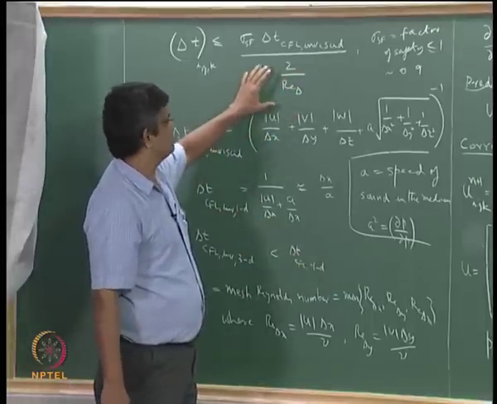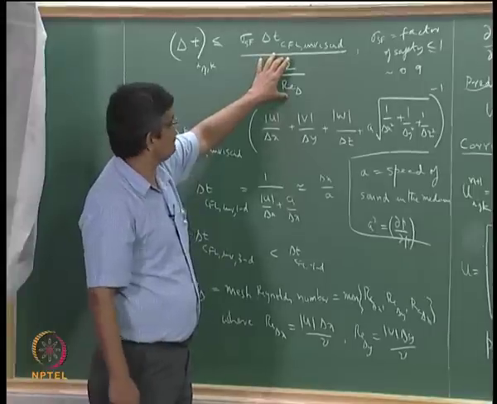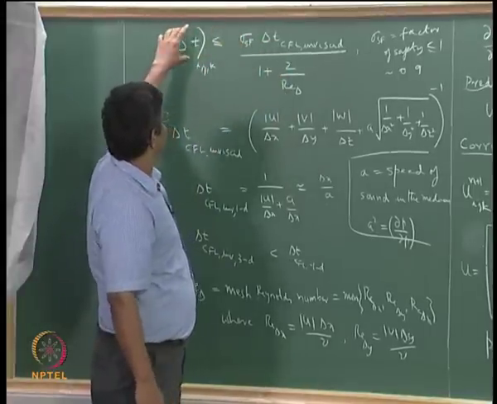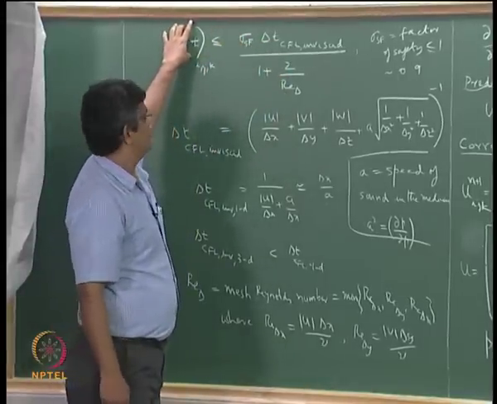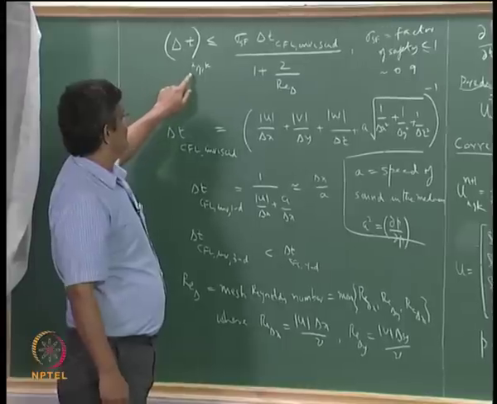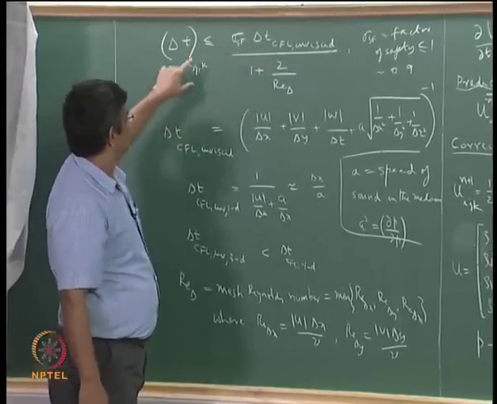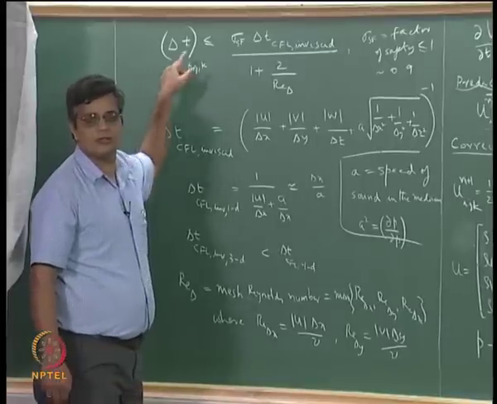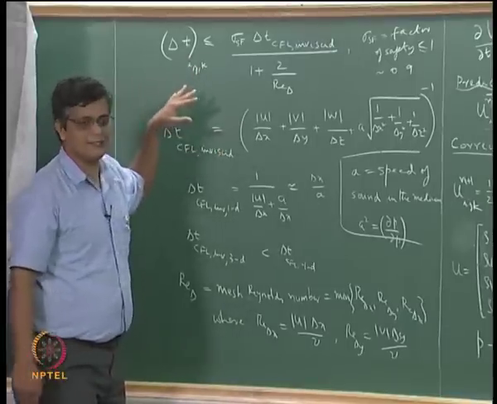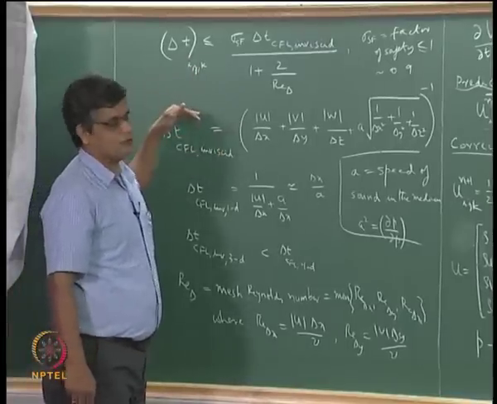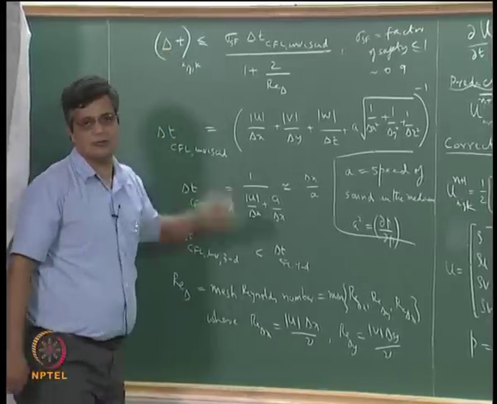That is added to 1, so this is obviously greater than 1. The delta t that you can actually use is evaluated based on this formula for each of the points throughout the domain, for all ijk's, and you take the smallest of those values in order to ensure stability.